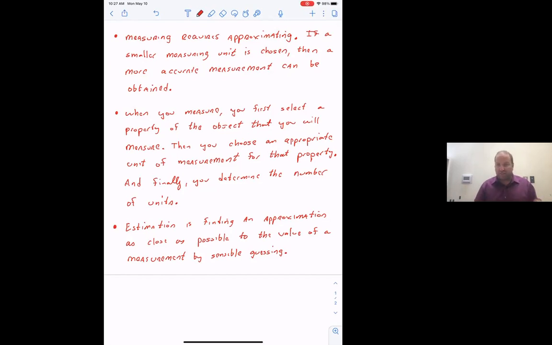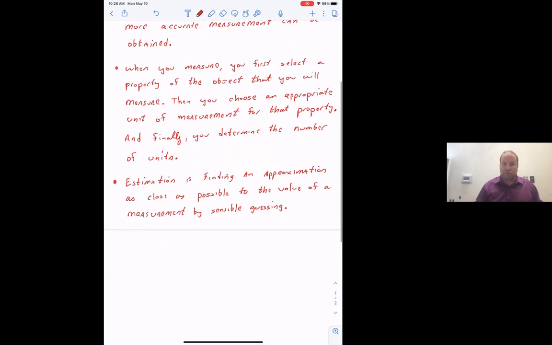The ruler does not say exactly 6 inches, or 6 centimeters. It'll say, oh, it's 6 point something. Well, let me guess. Let me do a sensible guess based upon what seems reasonable from a logical mind. So estimation is finding an approximation as close as possible to the value of the measurement by sensible guessing. If you have a choice between a good estimate and a bad estimate, closer versus further, always take the better one.